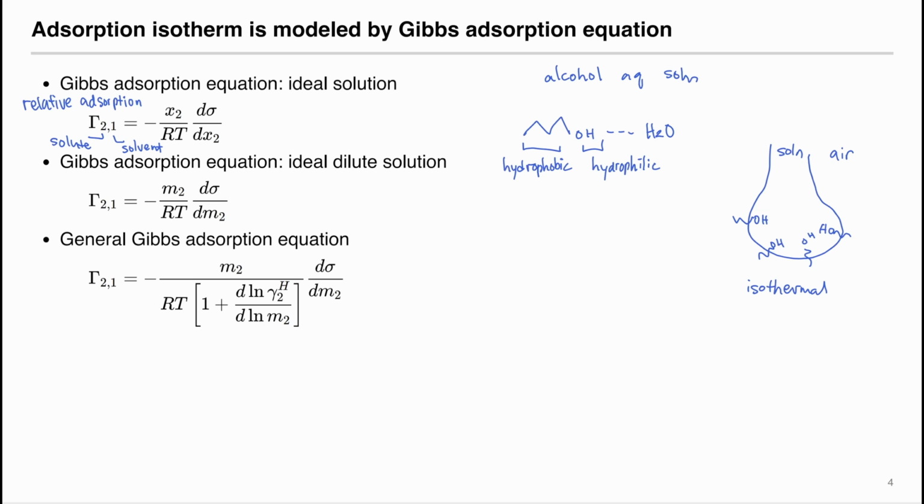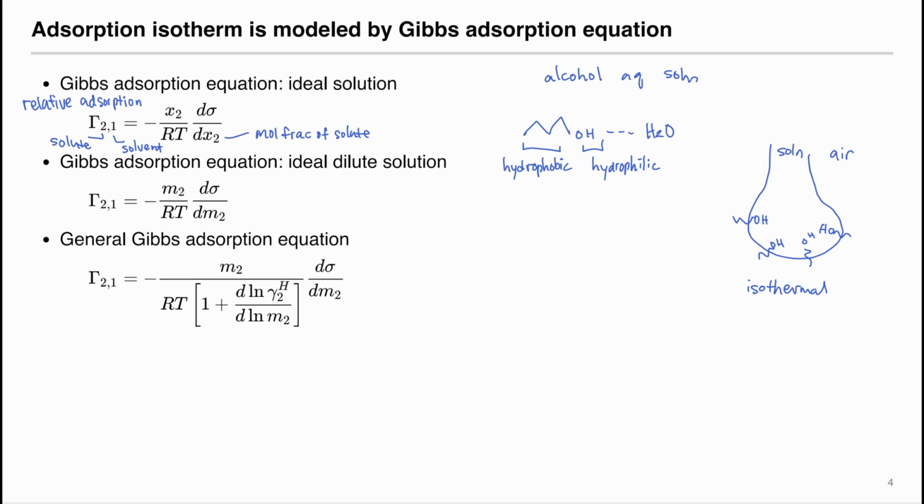So in this case, the relative adsorption of alcohol with respect to water is equal to the negative of x2, which is the mole fraction of the solute, in this case the mole fraction of alcohol within water, divided by RT, multiplied by the change in surface tension with respect to the change in mole fraction of solute.